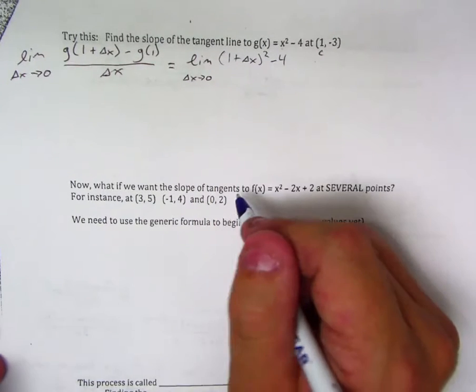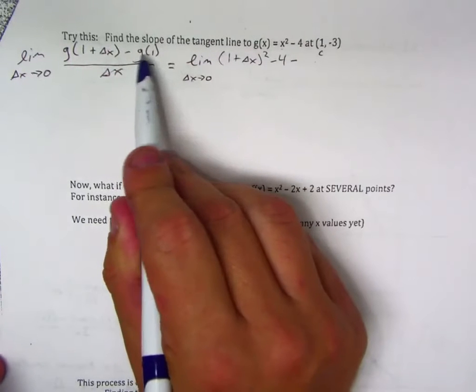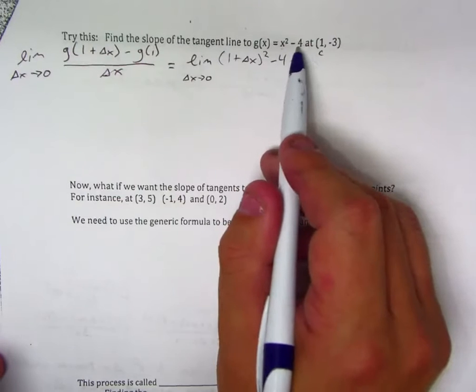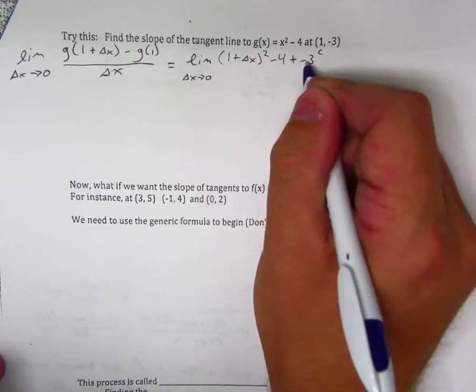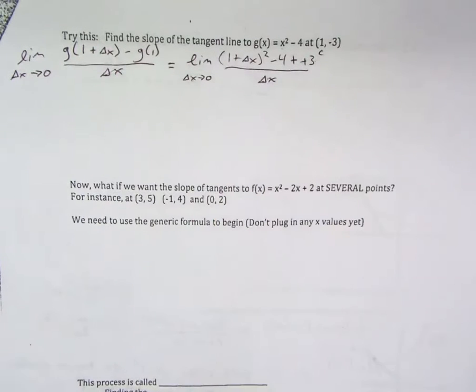That's what g of 1 plus delta x is. Minus g of 1. So now let's plug 1 in. So we get 1 squared minus 4. That's negative 3. So minus negative 3. And that becomes plus 3 over delta x. So now we have to do our cleaning up.